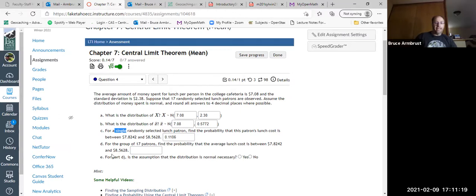All right, so let's go to part D. So for part D, for the group of 17 patrons, ooh, key word, right? Group of 17 patrons, find the probability that the average lunch cost is between the same two numbers. All right, well, it's still going to be a CDF because we're still looking at a bound. But now, instead of using the 2.38 as our standard deviation, now we're going to use the 0.5772.